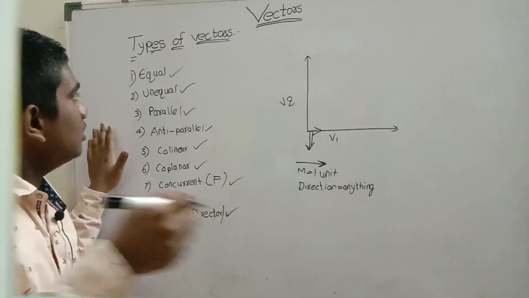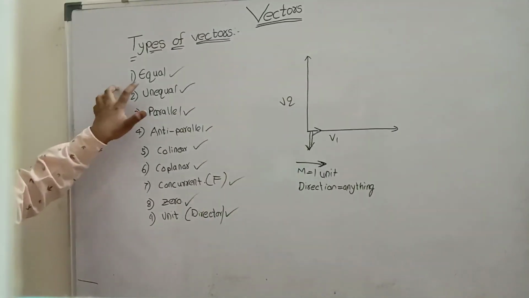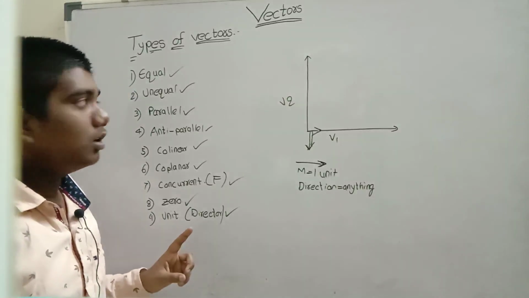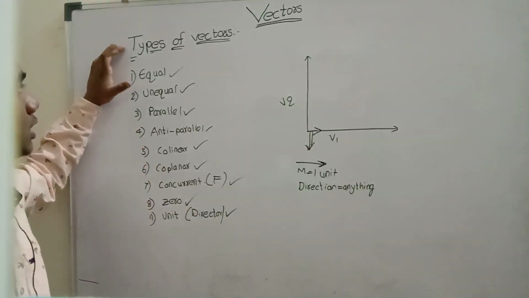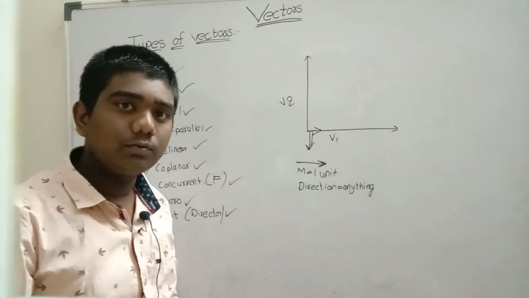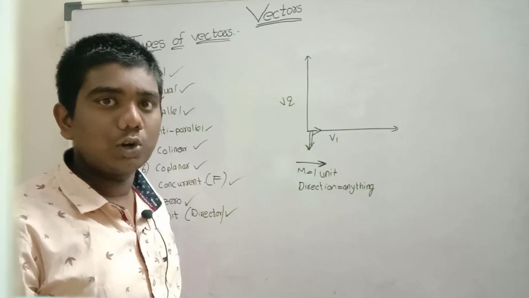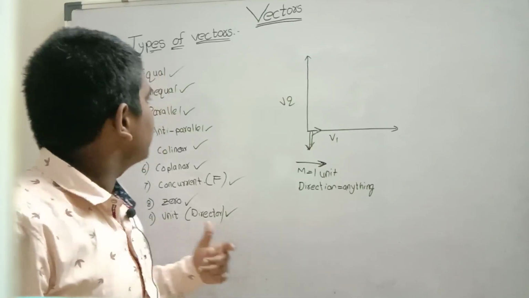Once again from the starting, equal vectors. Equal vectors means both direction and magnitude should be equal, then they are said to be equal vectors. Unequal vectors, if either the direction or magnitude is not equal, then they are said to be unequal vectors.